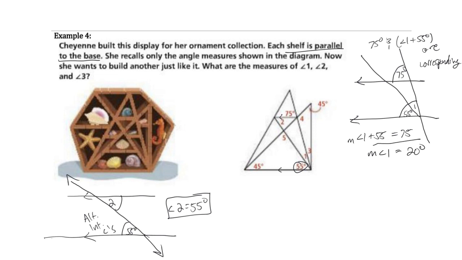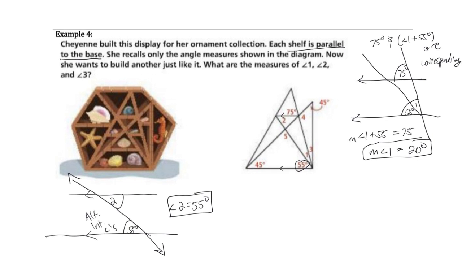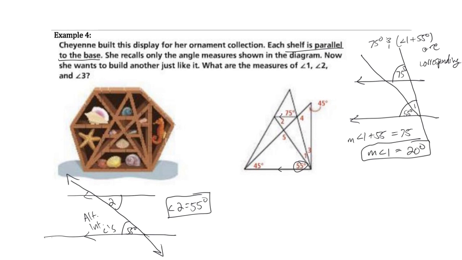So we got 1 and 2, and now we need to find 3. All right, to find 3, what we're going to do is take out this whole triangle here.